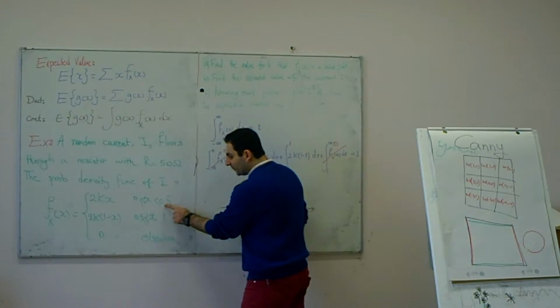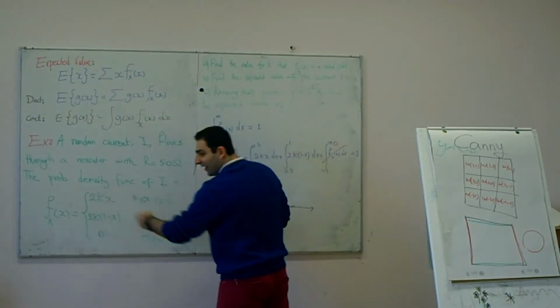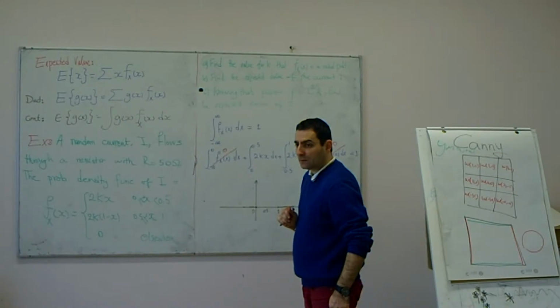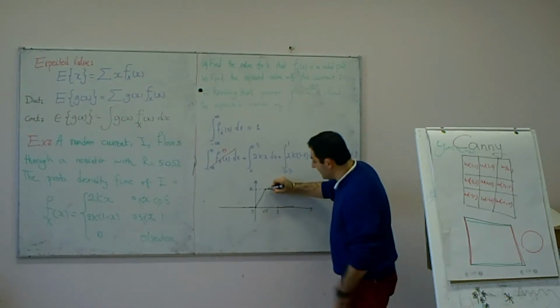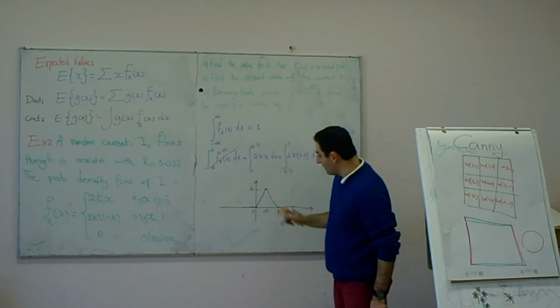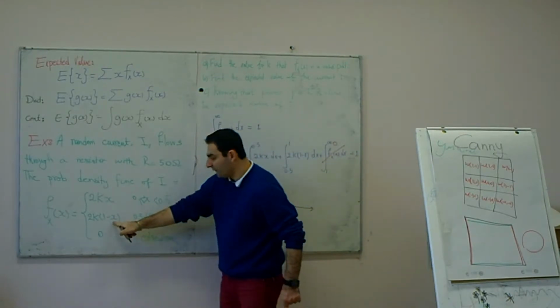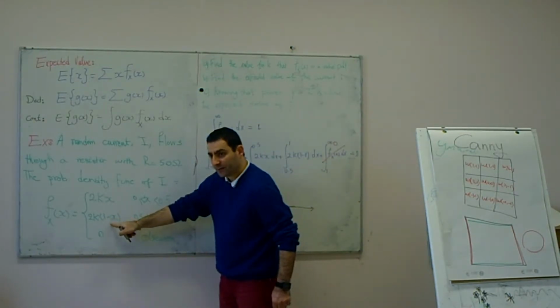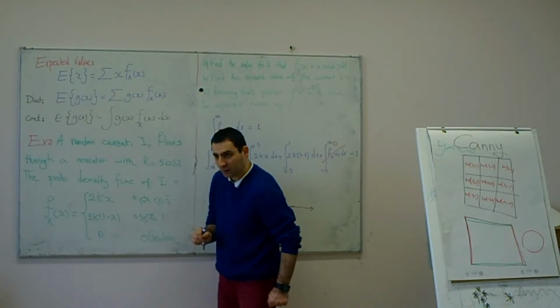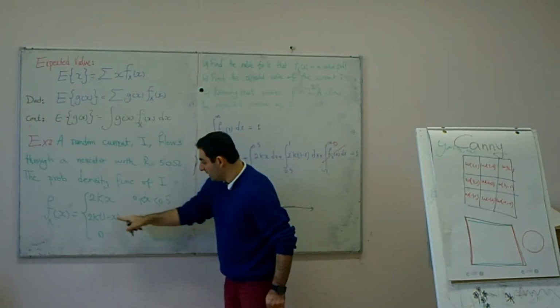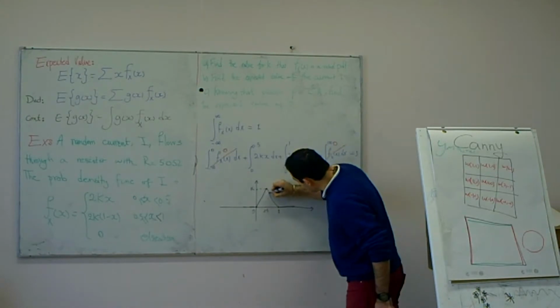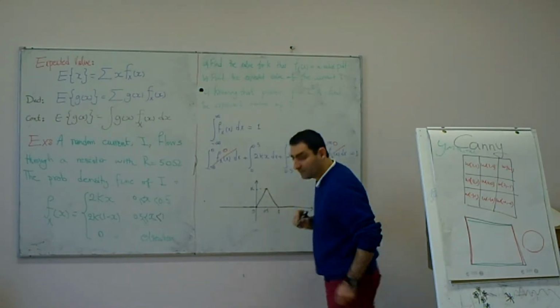If I put 0.5 instead of x, what will be the value? It is k. So I am going up. And because it is linear, in the next part it has to go down like that. But we can always check. Put the value 0.5 here. It will be 1 minus 0.5, which is 0.5, and we still get k, since 2 multiplied by 0.5 is 1. If I put 1, I will get 0. So it is a triangle, right? It's a triangle.